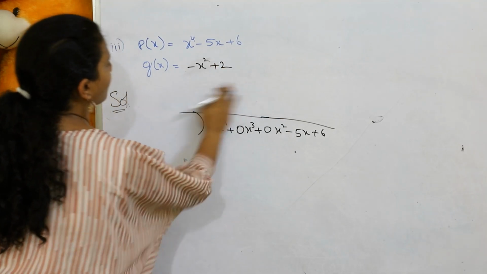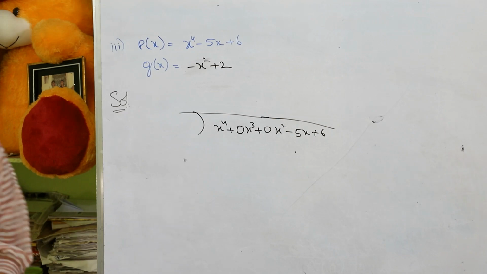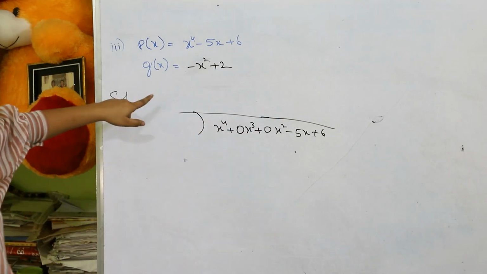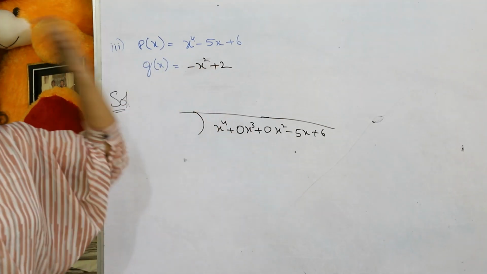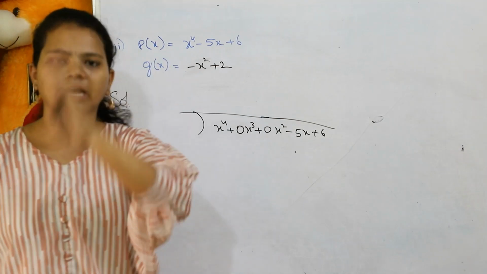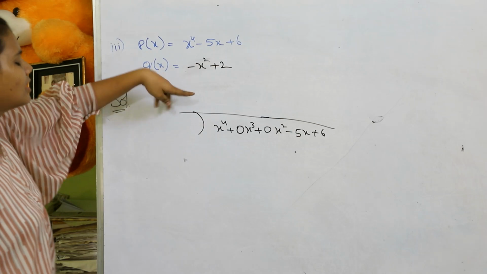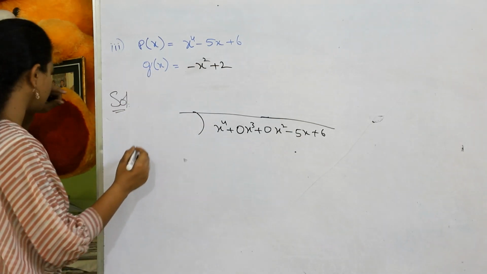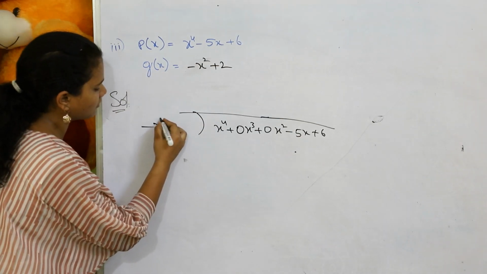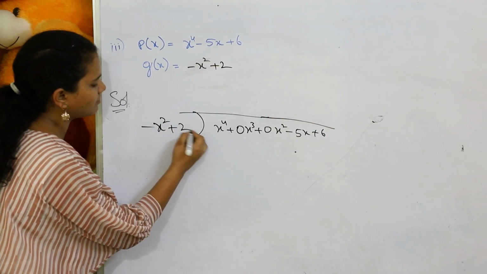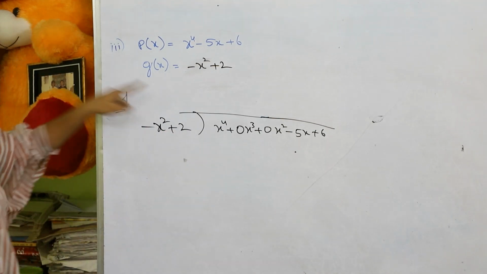This is what we have rewritten. We have formed this as it is, but we have written the first term first and the second term later. So now here we got g of x. Let me write down the g of x value over here. This is the g of x value, where g of x is minus x square plus 2. And this will be the p of x value.